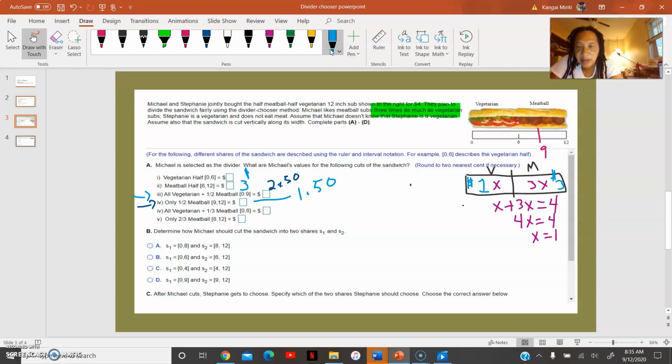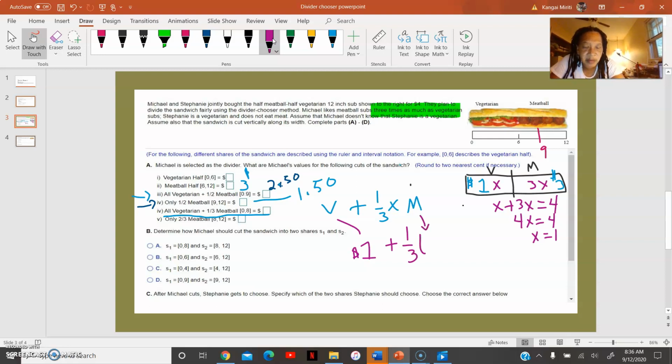Okay, what about this? All the vegetarian and 1/3 of the meatball. Well, veggie plus 1/3 times meatball is a way we could imagine this, even without a picture. What do we know that the vegetarian is worth? The veggie is worth $1 plus 1/3 times what the meatball is worth.